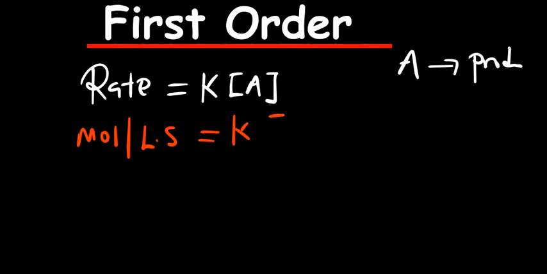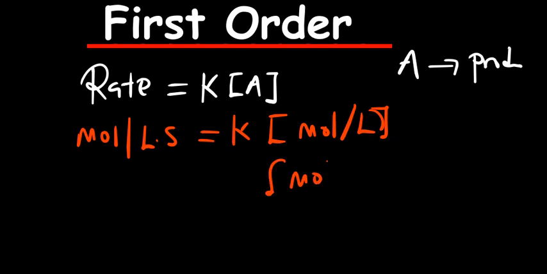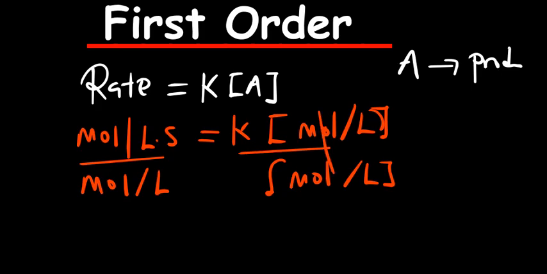Now concentration, we said, is measured in mole per liter. So for me to remain with K, the rate constant, I'm going to divide by mole per liter on both sides. What will be my K?